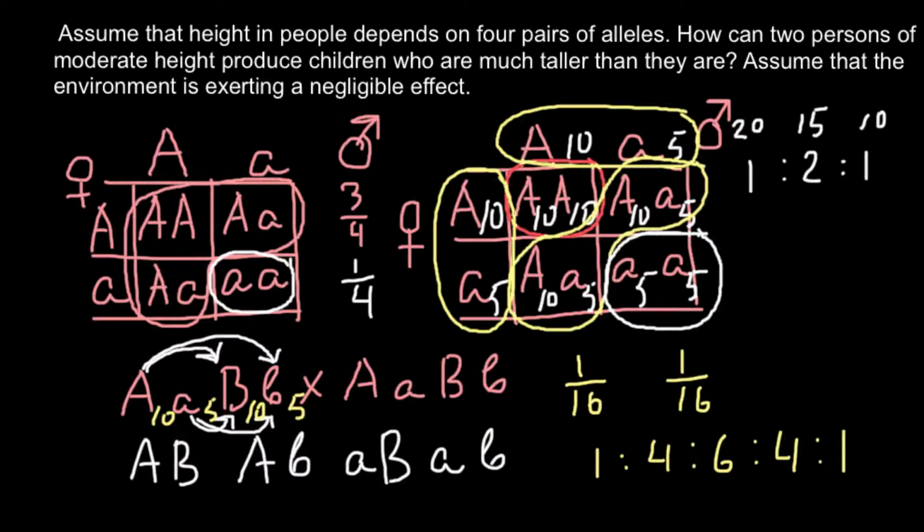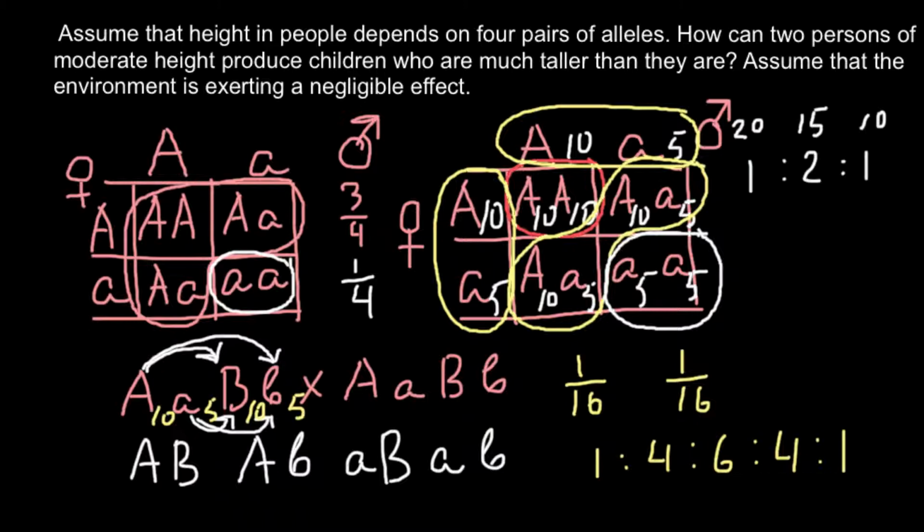And as you see, in this much simplified example, 2 parents that are 15 centimeters, and we are not talking about people right now, we are talking about plants, may produce phenotypes that are taller than them or smaller than them.